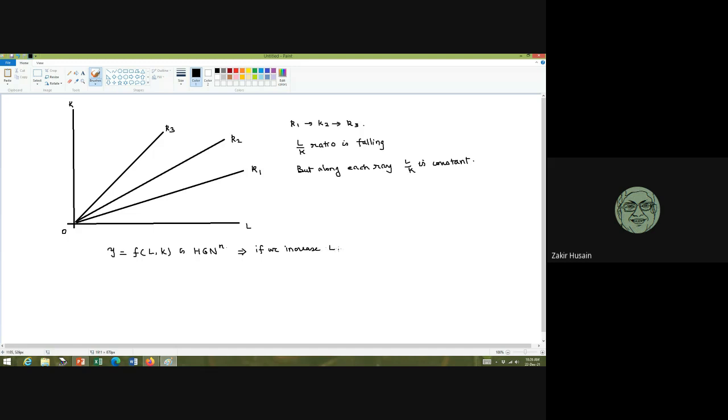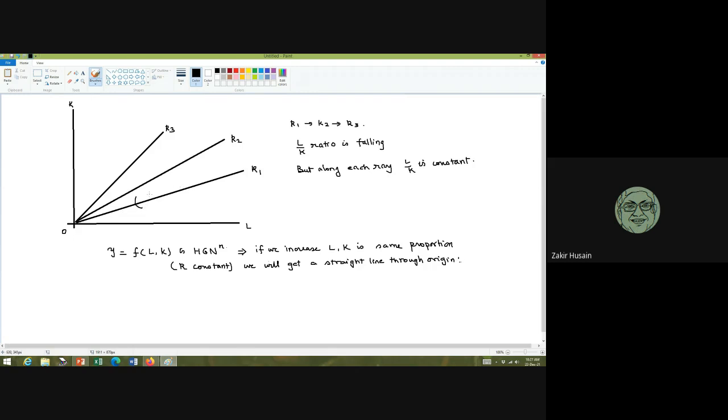If we increase labor and capital in the same proportion, that is K is constant, okay, so this is labor capital is constant.